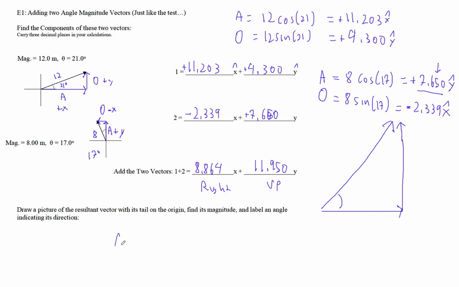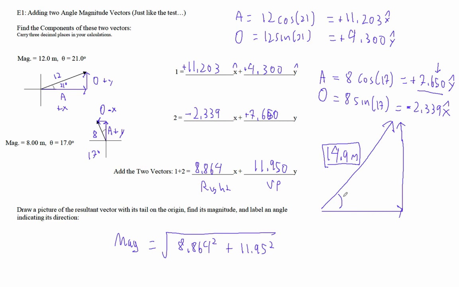Okay, my magnitude is the square root of 8.864 squared plus 11.95 squared. That's 14.87, so 14.9 meters is my magnitude.